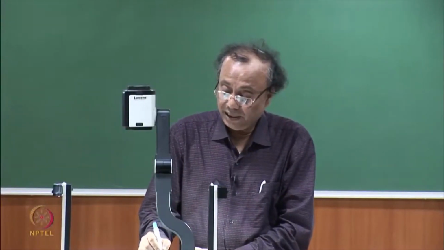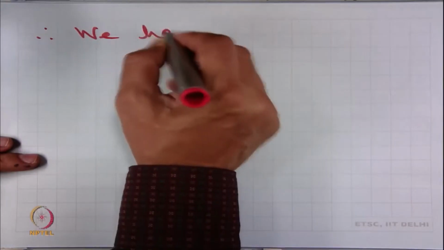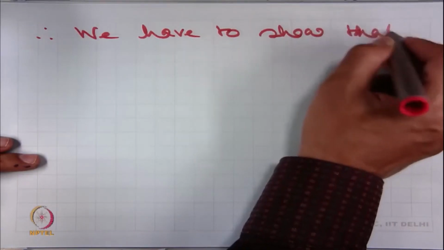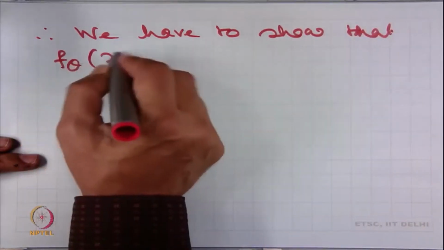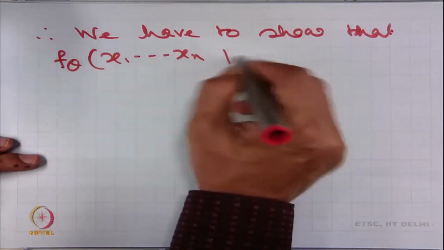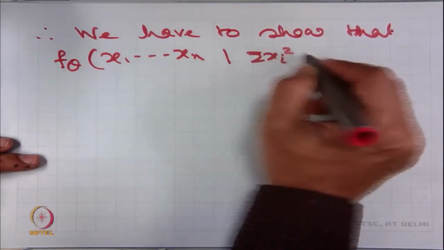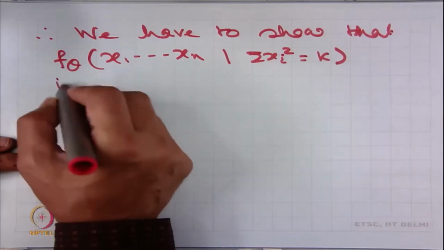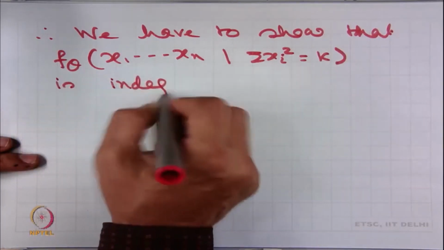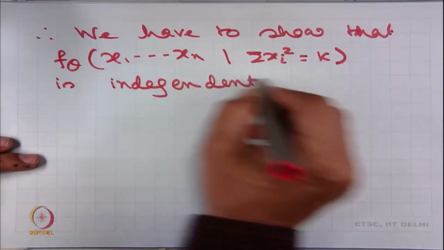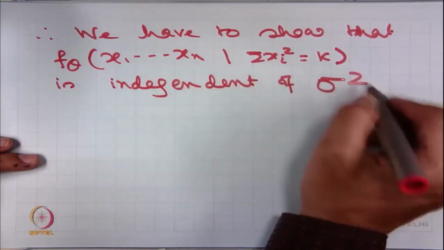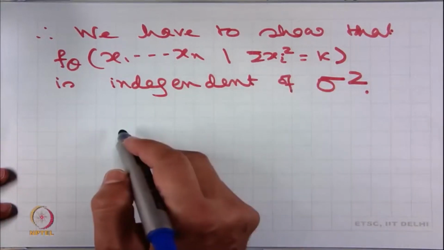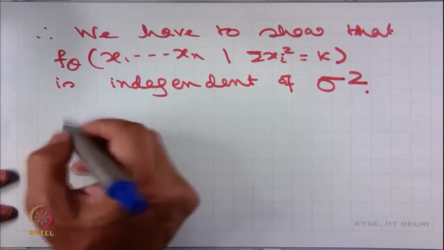Therefore, we have to show that the joint density of x1, x2, xn given summation xi square is equal to k is independent of sigma square. Then only we can show that summation xi square is sufficient for sigma square.